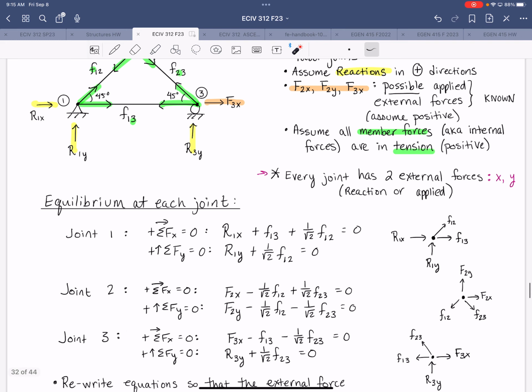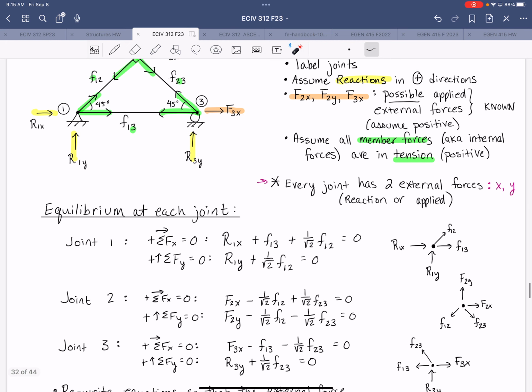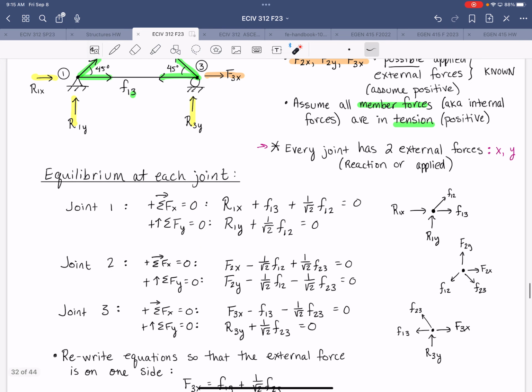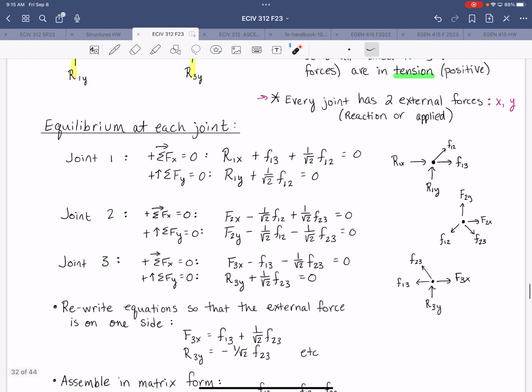So even if you know the values for your external forces, don't plug them in just yet. Keep everything in symbolic terms, and we are just relating these forces to each other through the truss geometry. That's done through the equilibrium equations: sum of forces in X and Y at each joint.